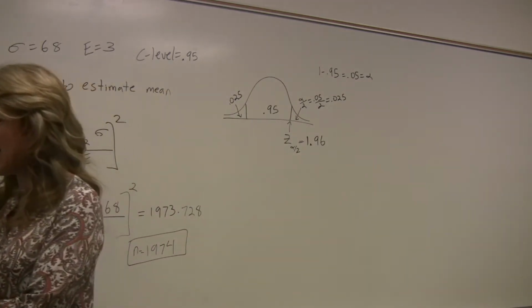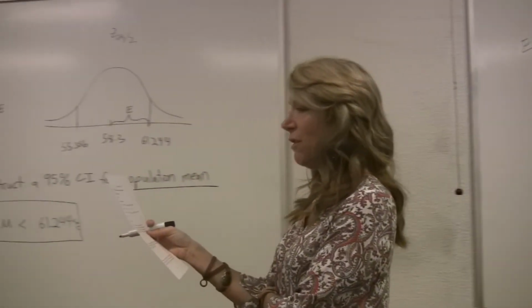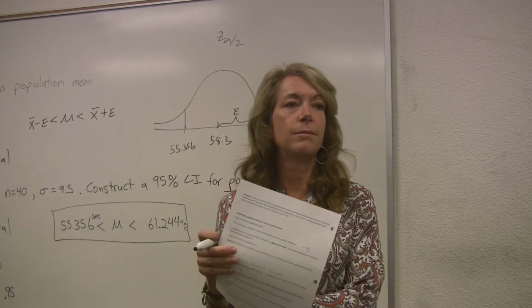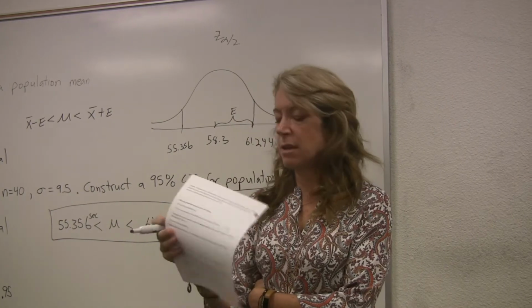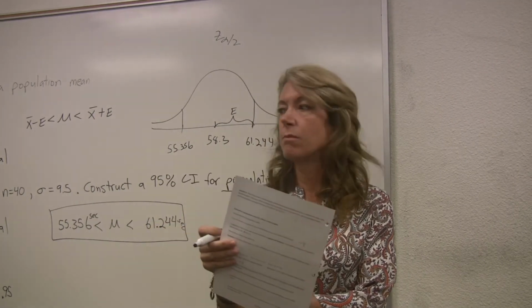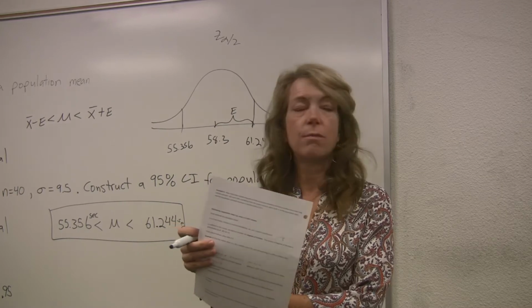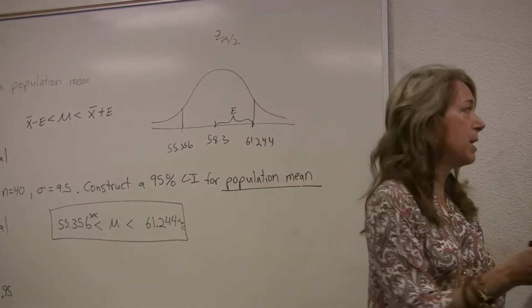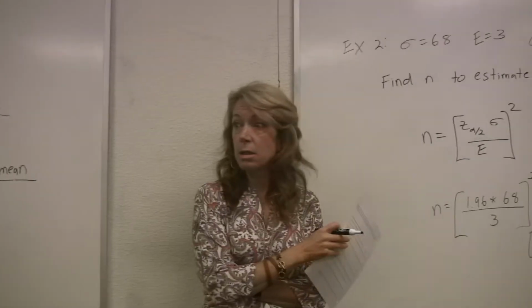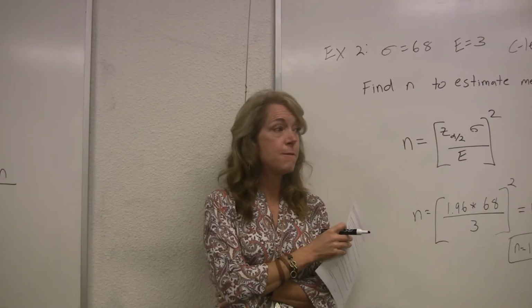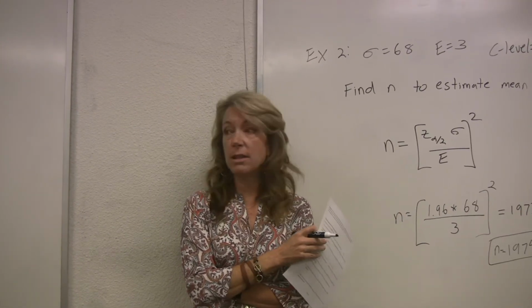We're going to construct a 99% confidence interval estimate for the population mean. So what are we being asked to find? Are we being asked to find the sample size? No. Why? What's it say?